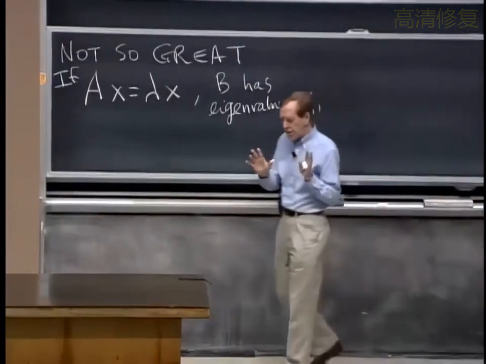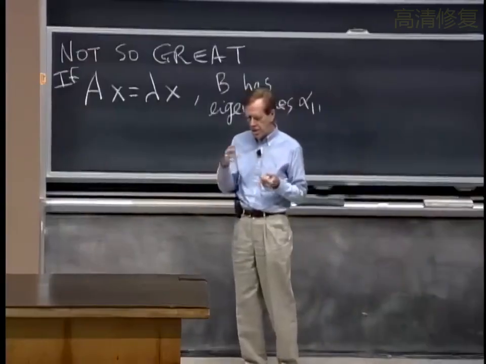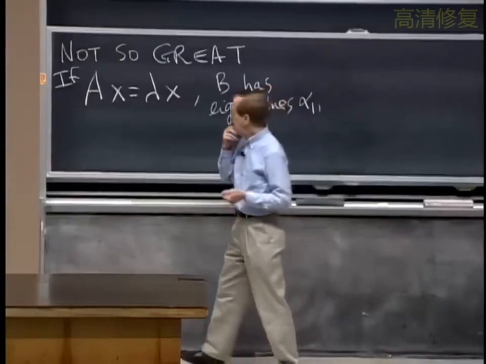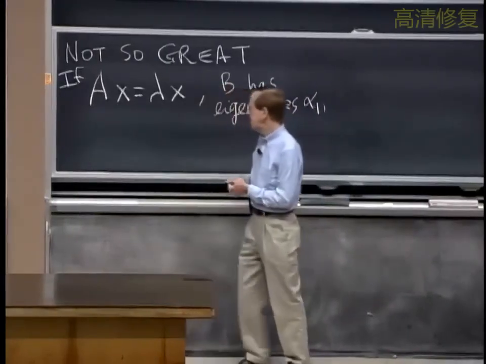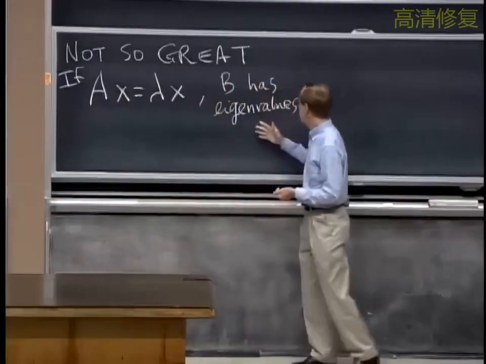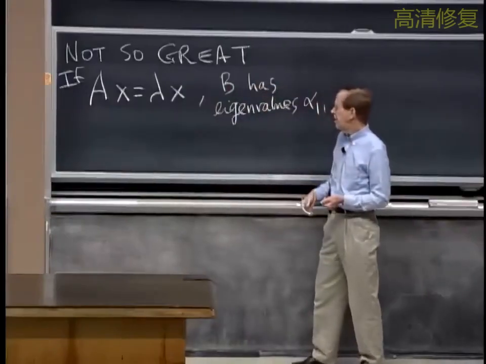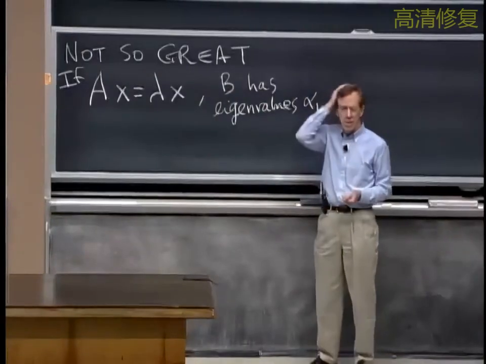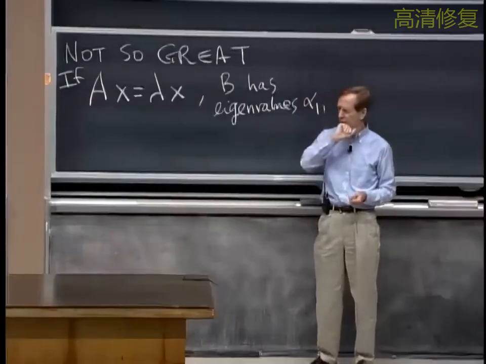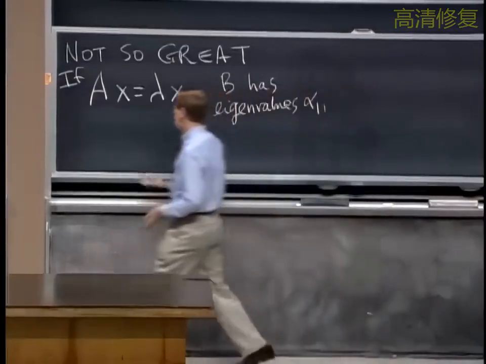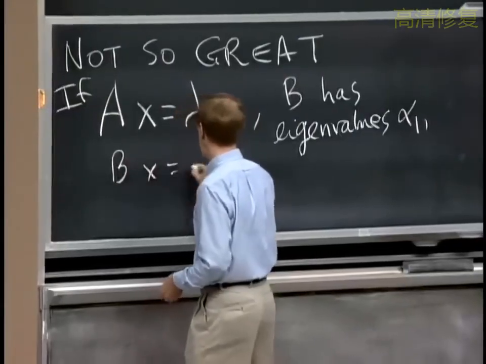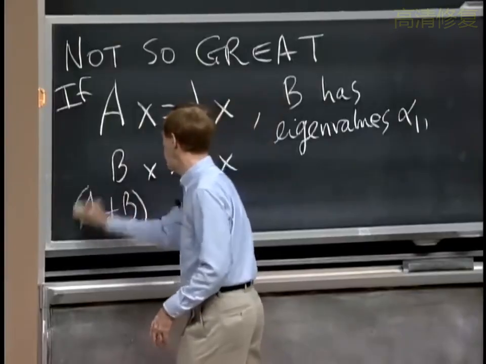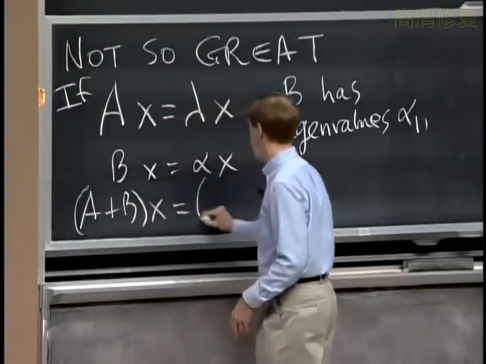Let me give you what you might think first. If Ax equals lambda x, and if B has an eigenvalue alpha, then am I allowed to say, what's the matter with this argument? It's wrong. What I'm going to write up is wrong. I'm going to say Bx is alpha x, add those up, and you get (A plus B)x equals (lambda plus alpha)x.